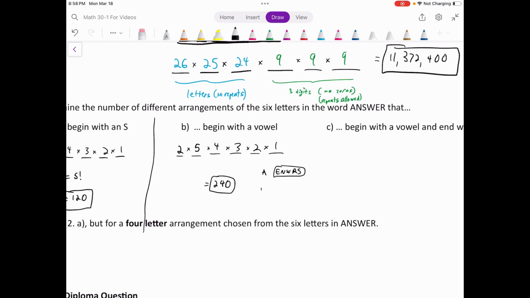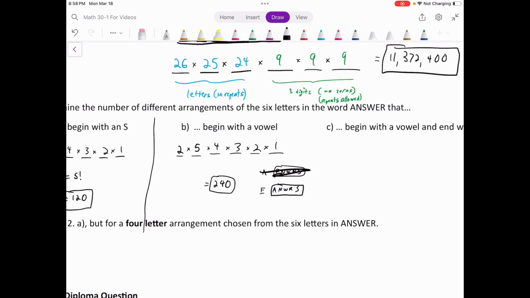But then there's also, I could have started it with the E. And then there's 5 factorial ways to arrange those, right? So I get 2 5 factorials, right? 1 from starting it with A, and how many ways can I arrange the other stuff? 1 from starting it with E, and how many ways can I arrange the other stuff?